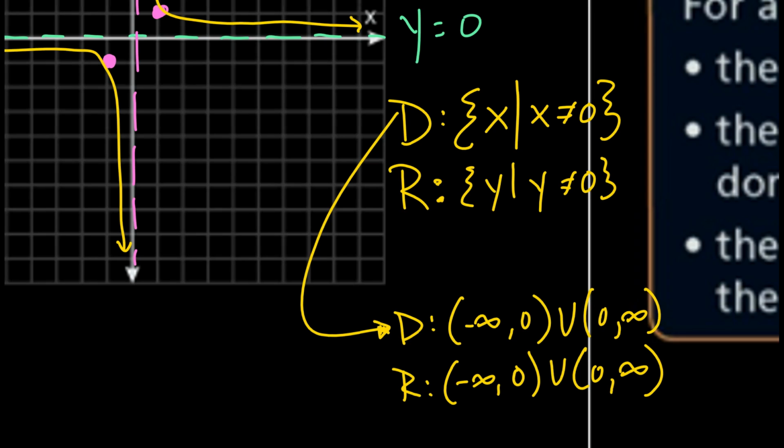Okay. Yes. Would 0 have the square bracket? No, because do we ever touch 0? We can never equal 0, so that's why it's a parenthesis. Always. Any other questions? All right.